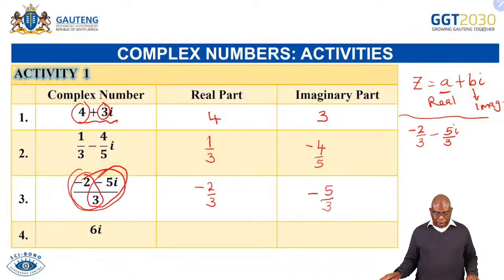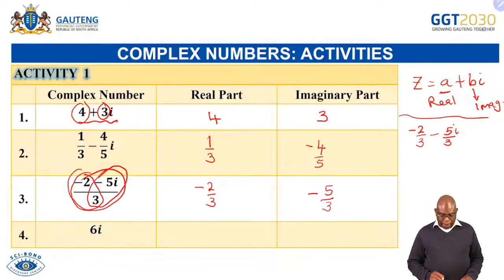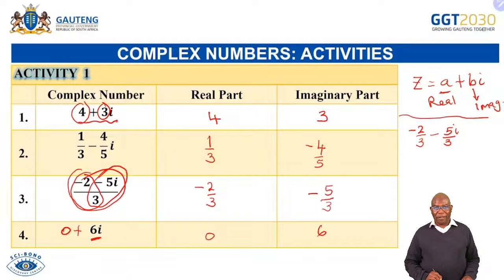Right. What will be the next one? So with the next one, what do I know? 6i. I don't have the real part. No, I do, because that will be my real part. So my real part will be 0, because if I have 0 plus a number, then I don't write that 0. And the imaginary part will be 6.